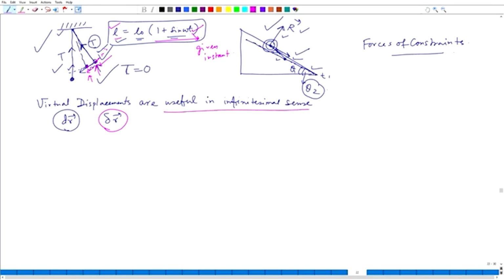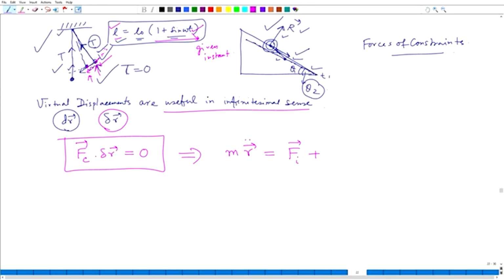If they are all satisfied, then we say that F c, the constraint force, dot delta r is equal to 0. That is the principle of virtual work we said, and from that we also said that for a particle of mass m, if r double dot is the acceleration, then the total force acting on this is the force due to some external field or external effect, which I called Fi, and some force of constraint Fc.